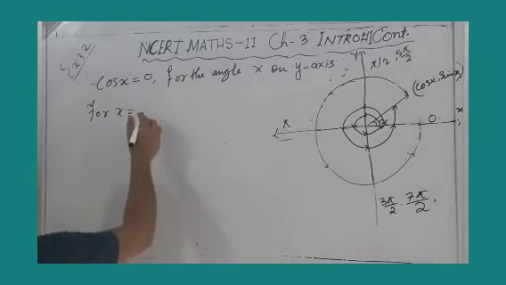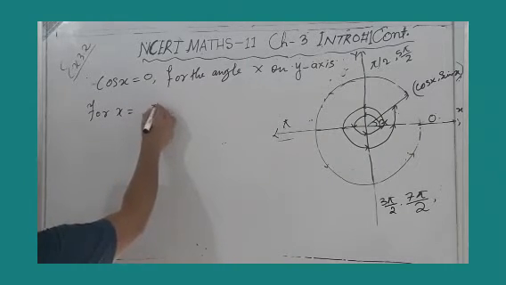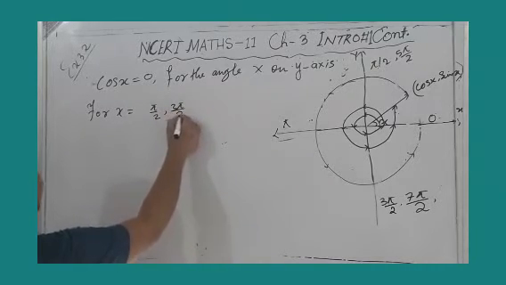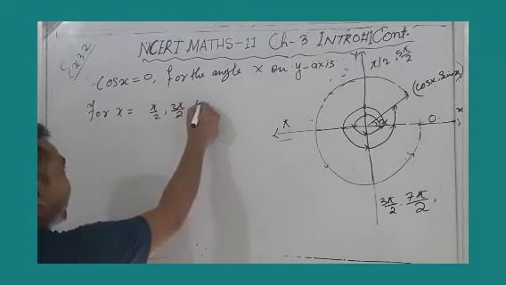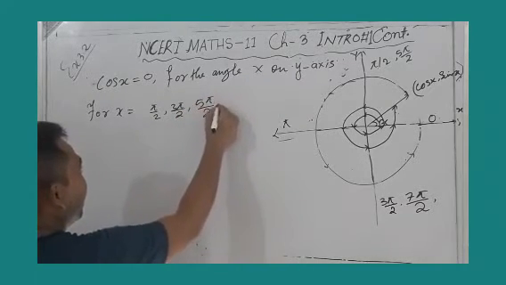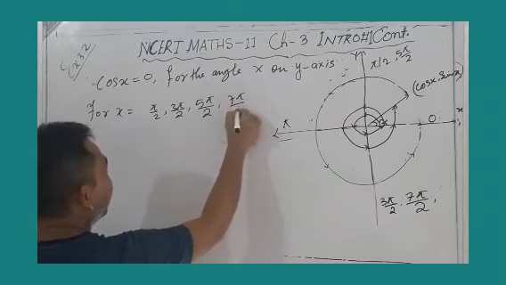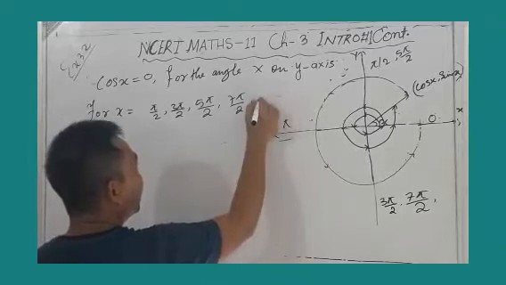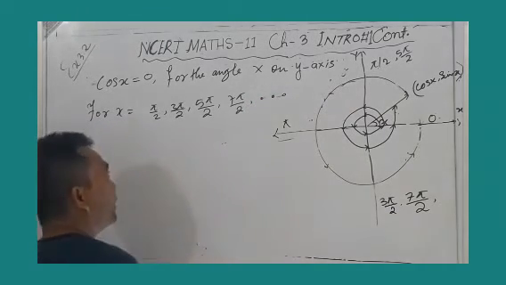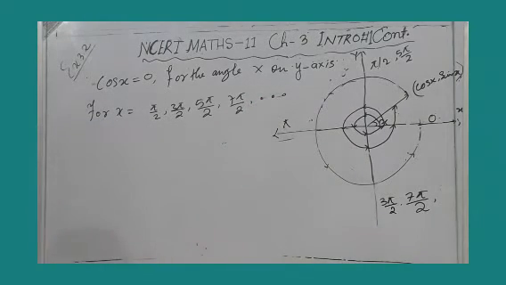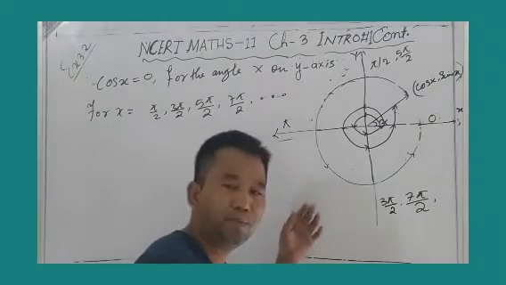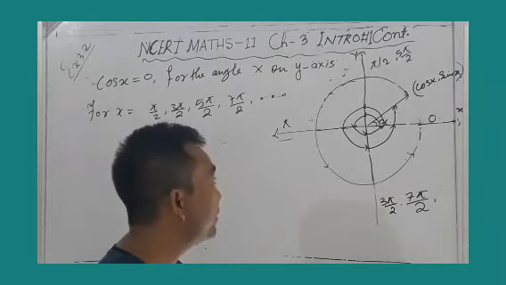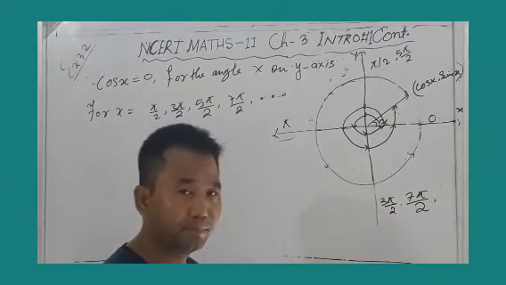So first of all it will be pi by 2, then 3 pi by 2, then 5 pi by 2, then 7 pi by 2, and so on. Since it is along the anti-clockwise direction, we are getting all positive values.